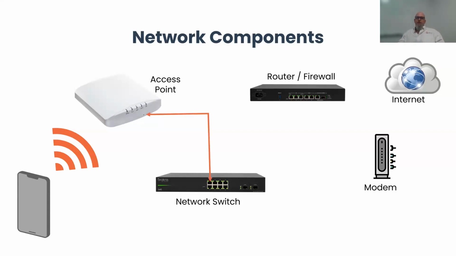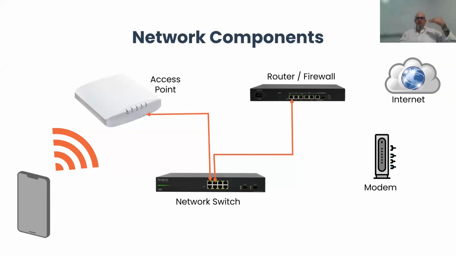The access point then sends this communication to the network switch over Ethernet. A network switch is a device that forwards hardwired Ethernet communication between multiple devices. This switch then does its job and forwards that information to the router. A router is a device that allows network devices on different networks to communicate to each other.